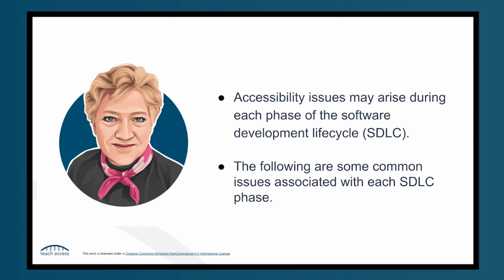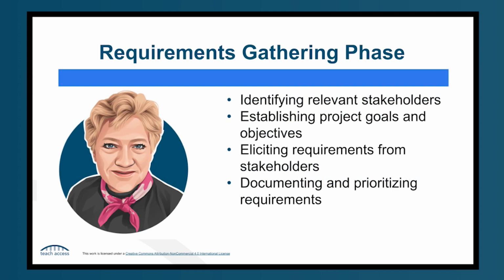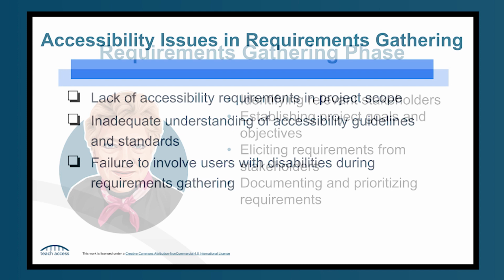The following are some of the common accessibility issues associated with each phase of the SDLC. Requirements gathering entails identifying relevant stakeholders, establishing project goals and objectives, eliciting requirements from stakeholders, and then documenting and prioritizing requirements.